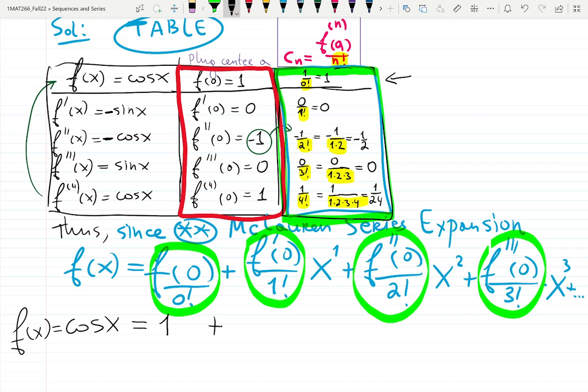So f prime at 0 divided by 1 factorial is 0, multiplied by x. That came from the second row. Maybe it will be helpful to write down. Every semester, I don't know how much information is actually needed for students to make it very clear. This is where I got my second coefficient. So if the first one was C sub 0, the second one is C sub 1.